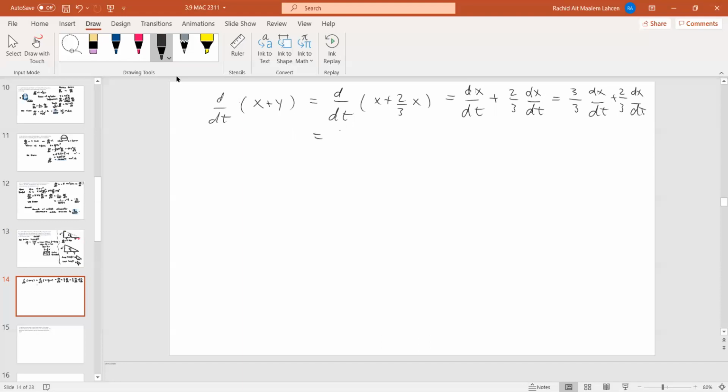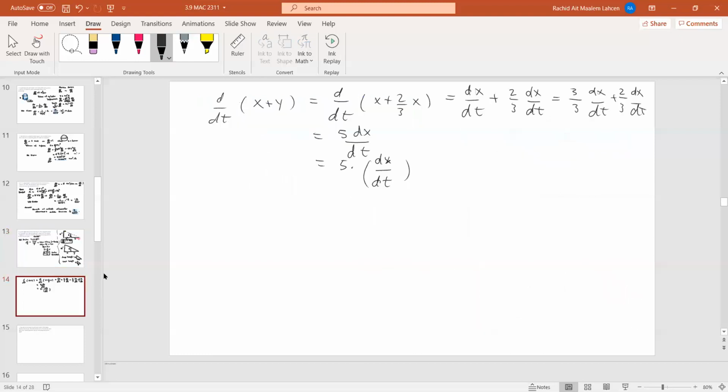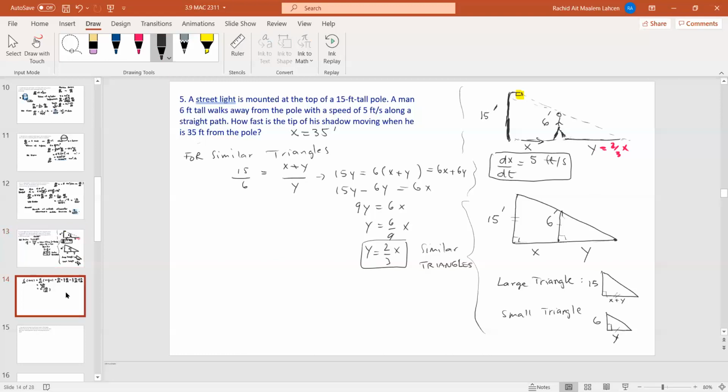So really this is 5/3 dx/dt. And now what? dx/dt is given. That's why we're looking for it, and we have it. We're trying to find y, but we changed it in terms of x.